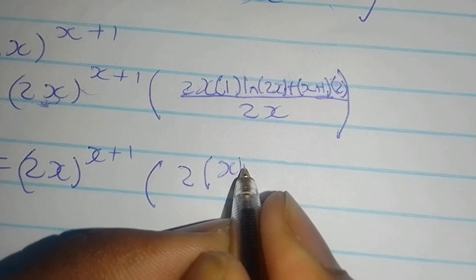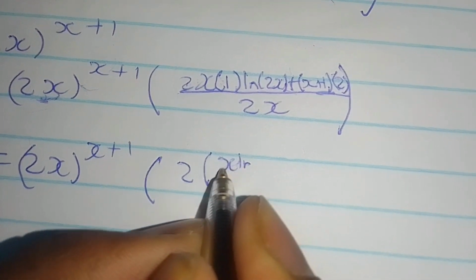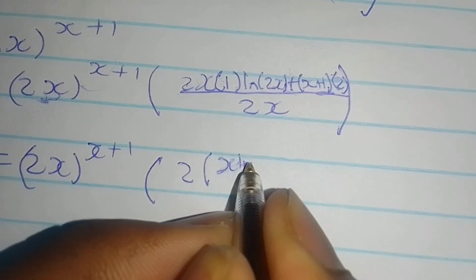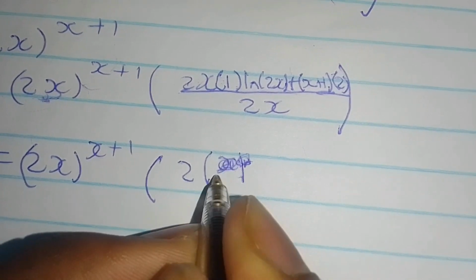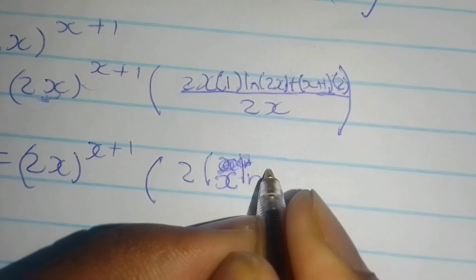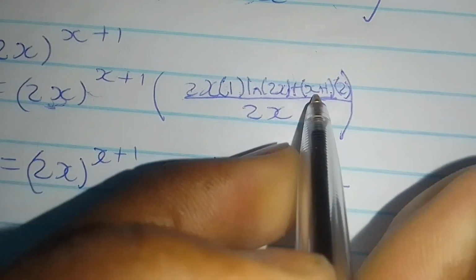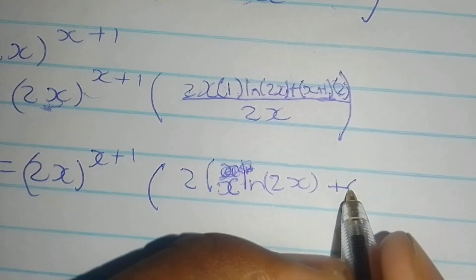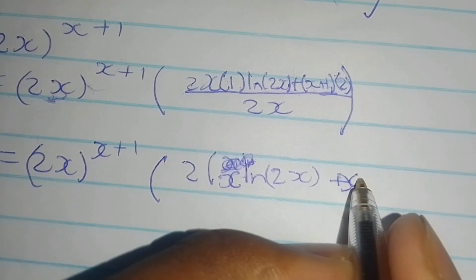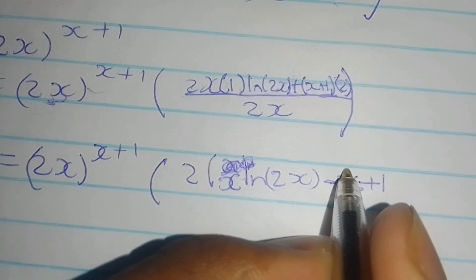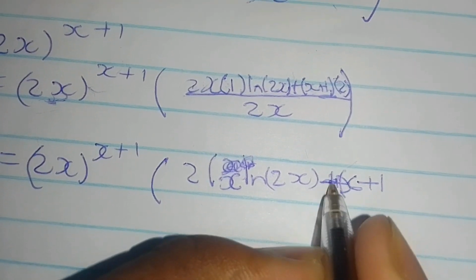So I'll be left with x, the natural log of 2x. On this side, I'll be left with x plus 1, which you can include the brackets if you like, but it's still fine.